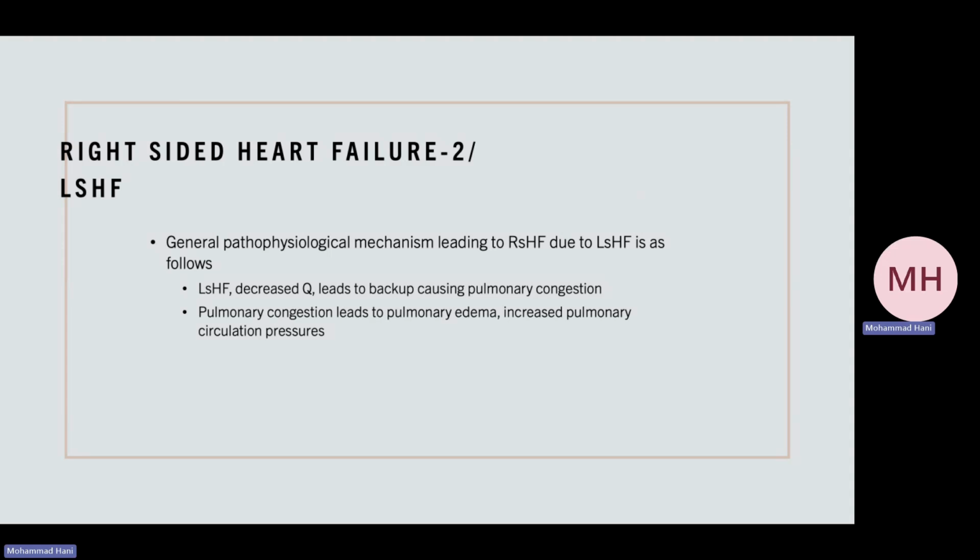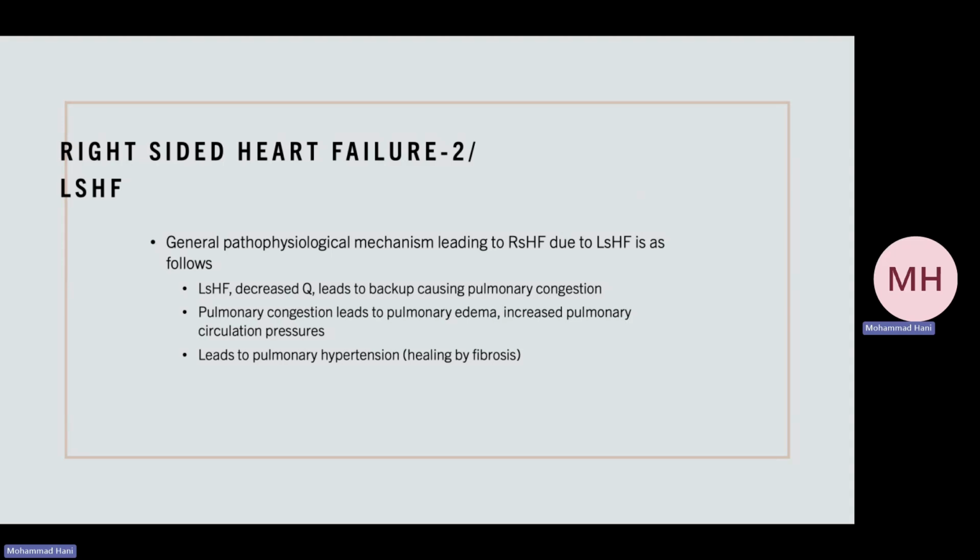Long-standing pulmonary congestion leads to pulmonary edema, and pulmonary edema increases the pulmonary circulation pressure. If you have an increased pulmonary circulation pressure, it would lead to pulmonary hypertension, and healing of these pulmonary lesions of edema is going to be by fibrosis because these macrophages are going to come and promote healing after clearing everything up.